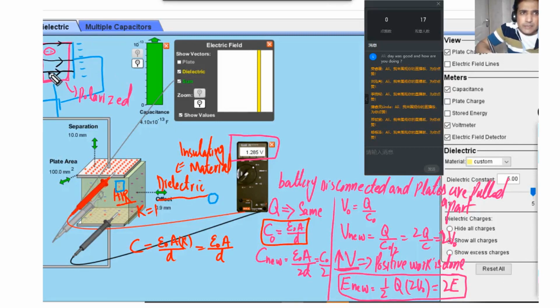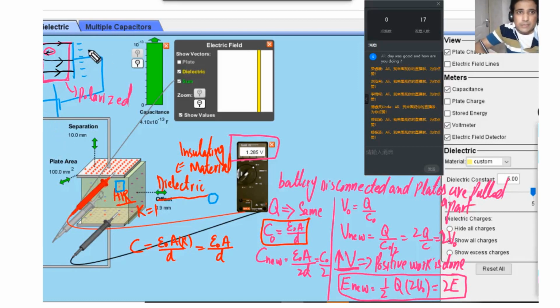We can see here the electric field is like this, but if you look inside, the dielectric produces its own electric field in the opposite direction, so the net electric field will decrease. It means more charge can be stored.